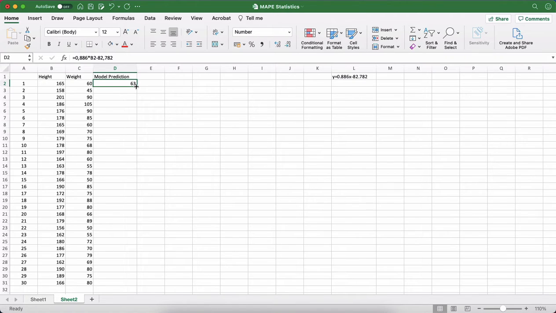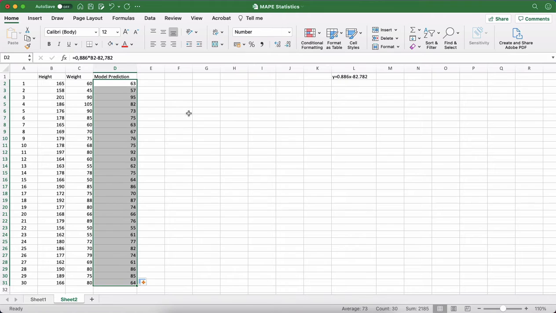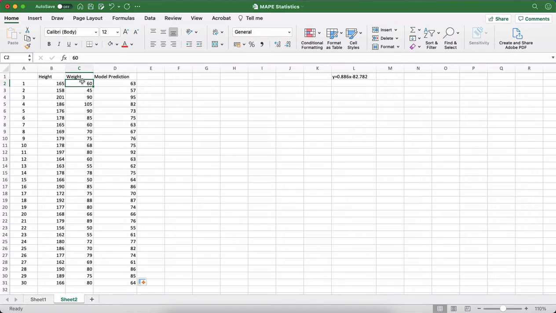If you see the black plus symbol, you can just drag it down to copy all the calculation. So this will be the model's prediction of weight as opposed to the reality of data that you have collected here in this column weight.